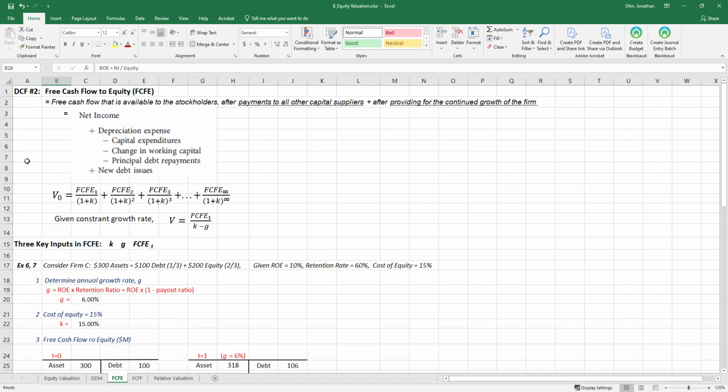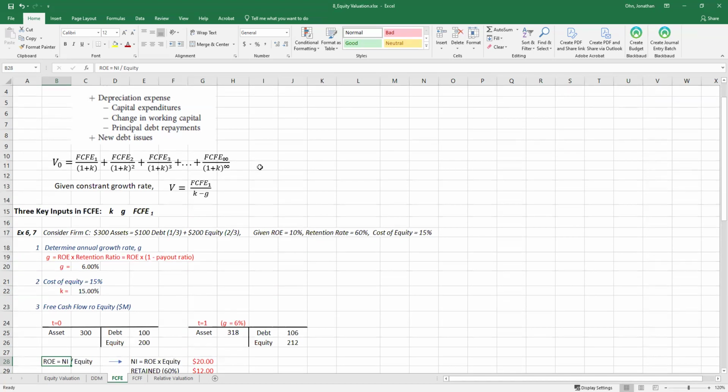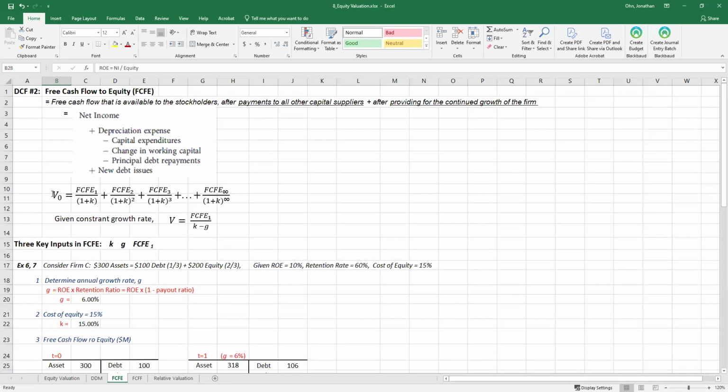Now, assuming a stable growth rate, G, this model comes down to this: the first one, D1, over K minus G, right? K minus G.